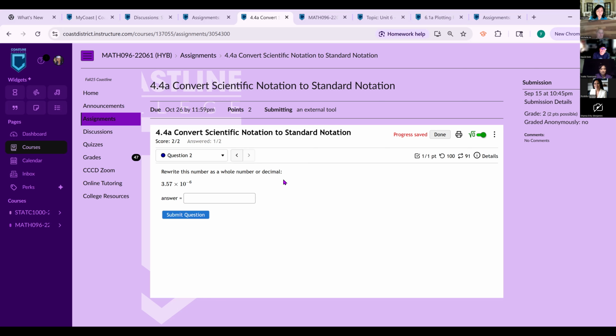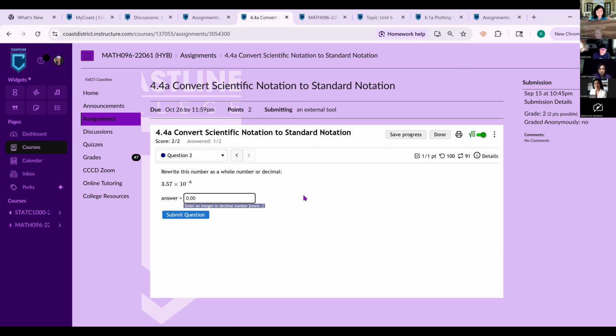So you can enter the answer now, just to get a point. So read it as a negative. So 0 point, you move the decimal point to the left-hand side. 1, 2, 3, 4, 5, 6 places. I'm thinking the right. Okay, start the count.